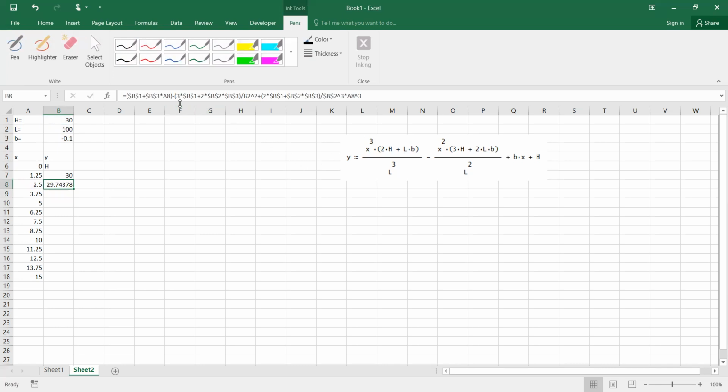We have one missing term. Check that. Minus 3 plus 2, divided by L to the power 3, times here, times a power 2.